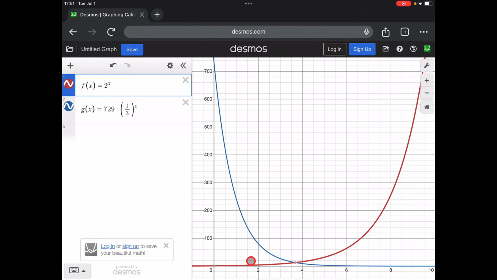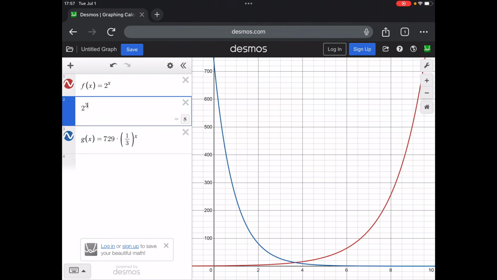And if you do that one more time when x is 3, you'll multiply 2 three times to the initial value and y will equal 8, as you can see about here. We can also plug these values into the equation. So if x is 3, we would have 2 to the third, or 2 multiplied by itself 3 times, and that equals 8, just like we had a little bit ago.